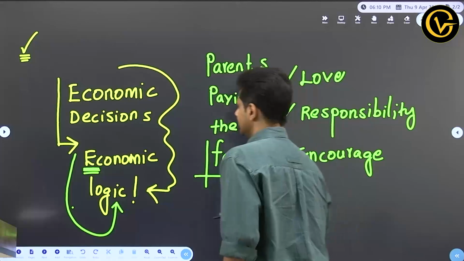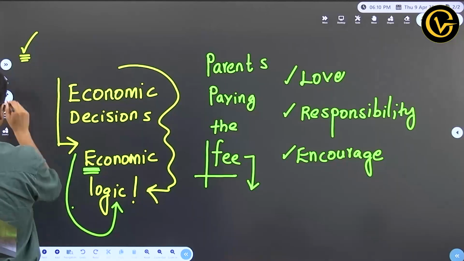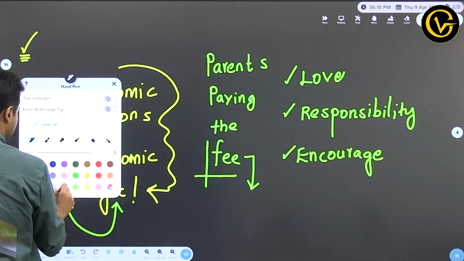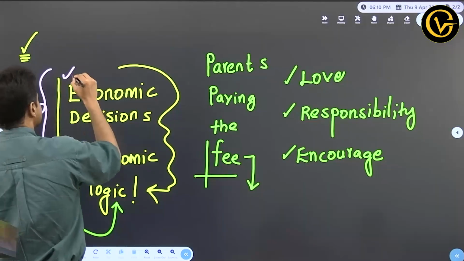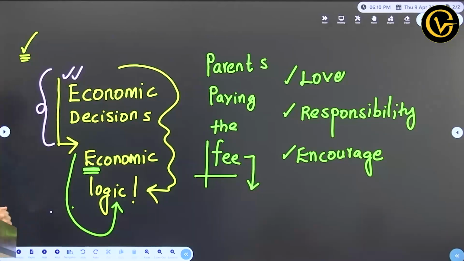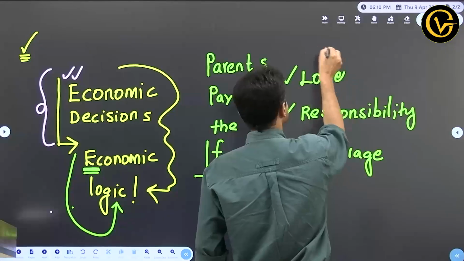So in this case, this particular economic decision, is it taken by your parents on strict economic considerations? No, right? What dominated their decision making?